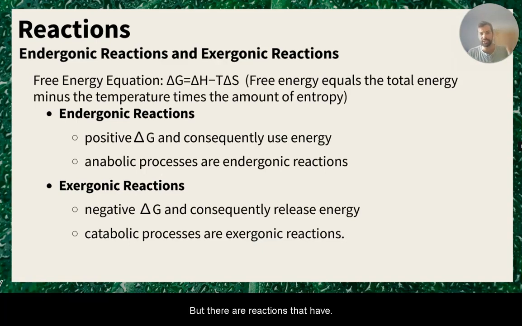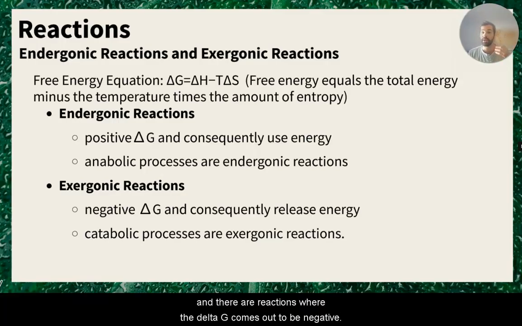There are reactions where the delta G comes out to be positive, and there are reactions where the delta G comes out to be negative. Now, if we were in a chemistry course, we might be calculating this a bit more, but suffice it to say for us that we have our positive delta G reactions and our negative delta G reactions. We have our endergonic and our exergonic reactions.